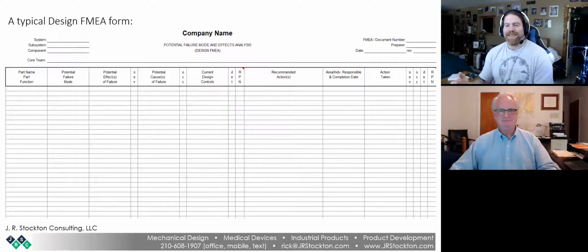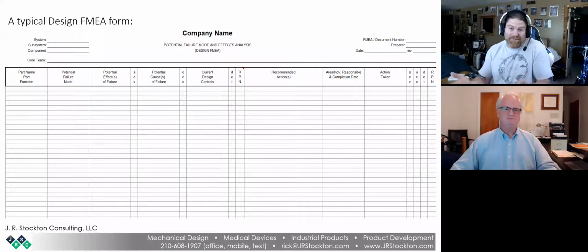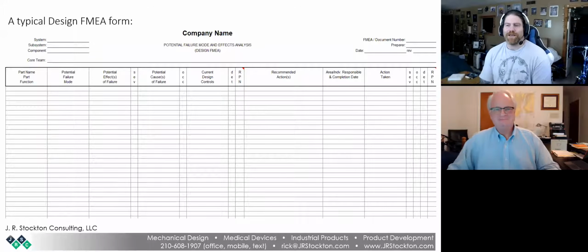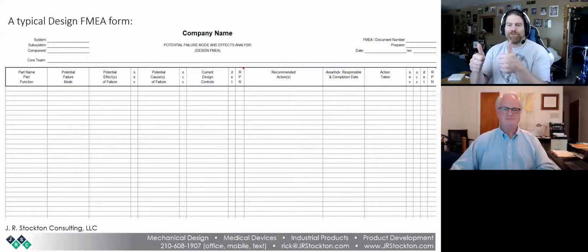You know, 8, 9, 10, it's a serious injury and I have to report it to the FDA because it's a reportable. A 1 or a 2, I'm not going to worry about. And a 4 or a 5, it's somewhere in the middle. So using a 5-point scale instead of a 10-point scale reduces the amount of time you spend in the conference room arguing with people that you work with. So that's why I vote for the 5-point scale.